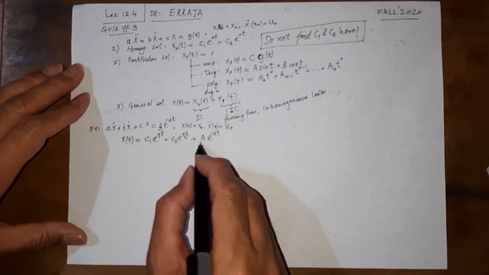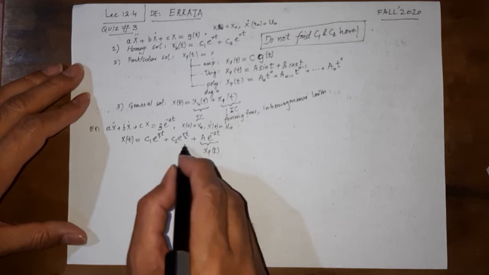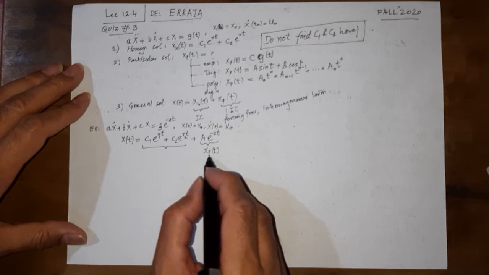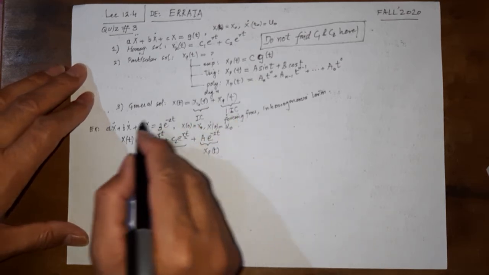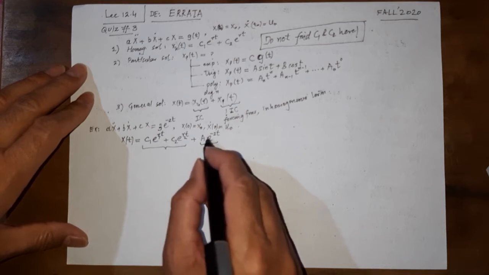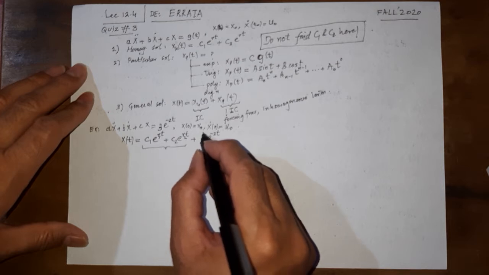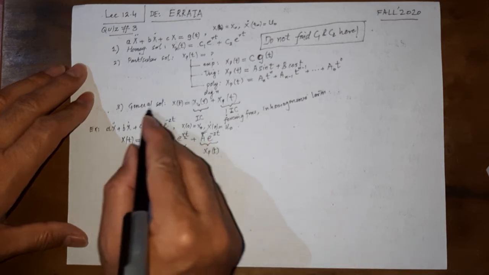And this A is the particular solution, and the particular solution is any solution of this differential equation. So if you just take this part and put it in here, we exactly know the value of A. So A would be known by the time we come here.